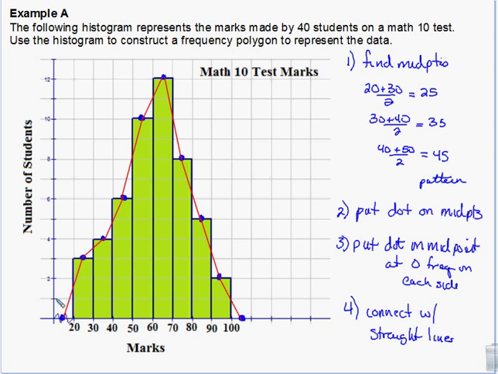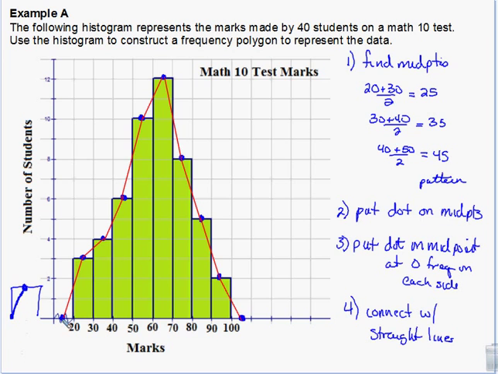If you're creating a frequency polygon, you will leave space unless your first bin starts at 0. If your first bin starts at 0, what you would do then is, let's say here's your first bin and you put this dot here, you would come to the 0 on the edge.